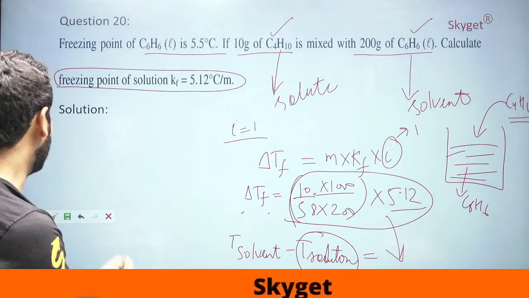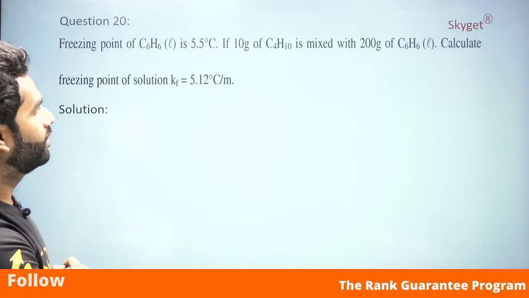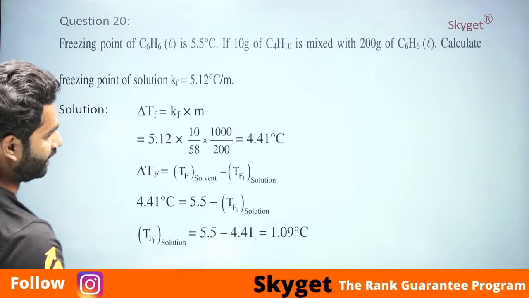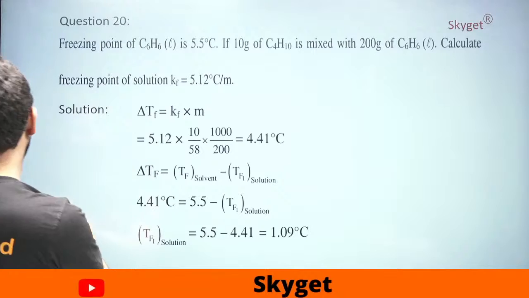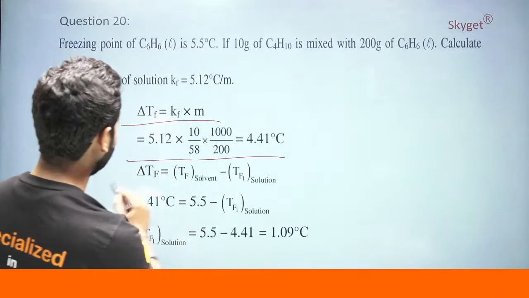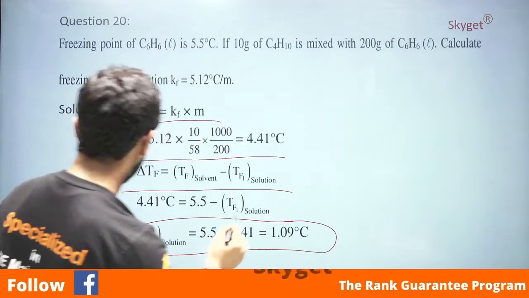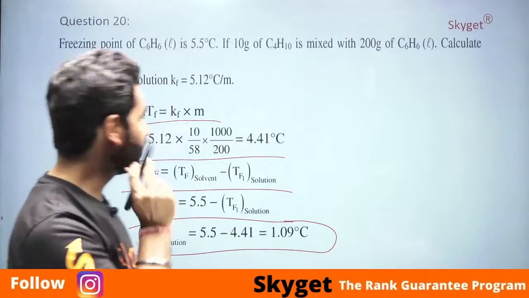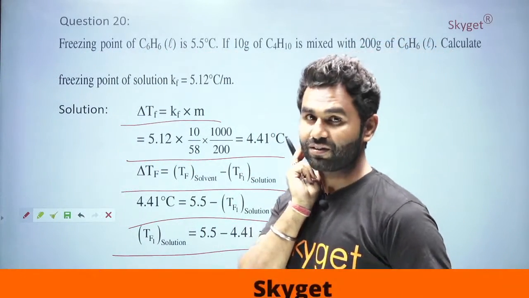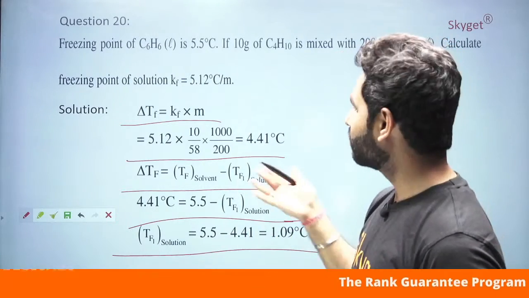I will directly show you the answer so that you can check whether you did it right or not. As I told you, we gave the same equation, we solved it, we put the values, we got the answer. Many of you would be thinking, sir, I don't know how to calculate, sir, always skip it. Guys, we don't have time. We just need to cover all these questions quickly.